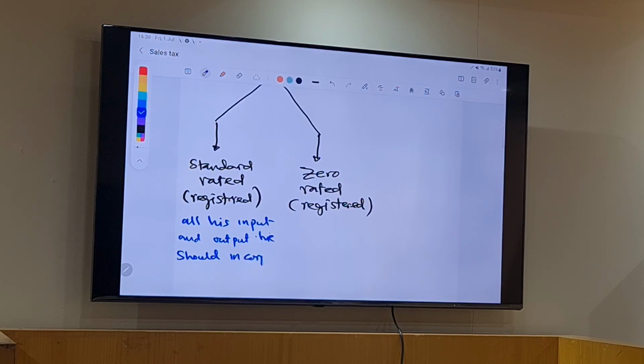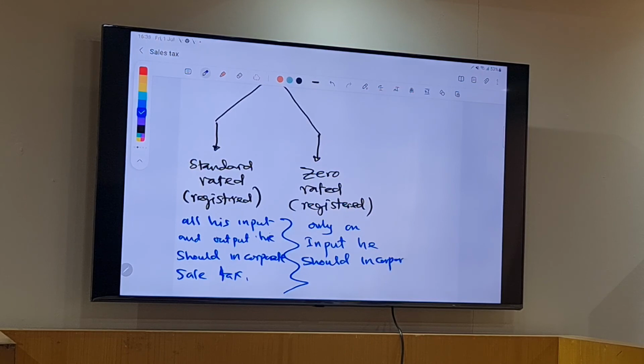Whereas if it is zero rated, he should incorporate sales tax only on input.